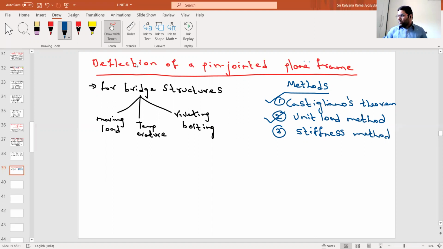So how is that going to happen? If I take an example, here you have a triangular truss of this configuration. The top end is jointed together with the help of a pin support.